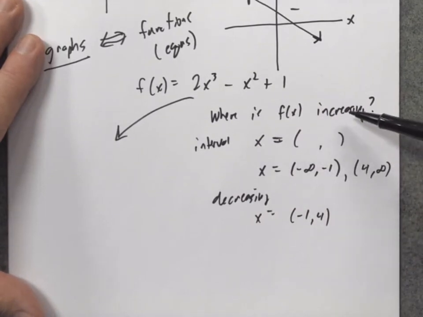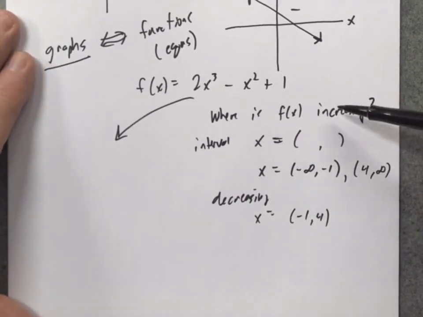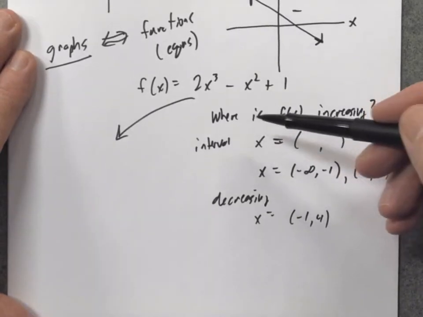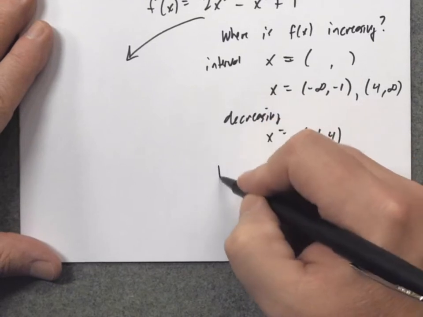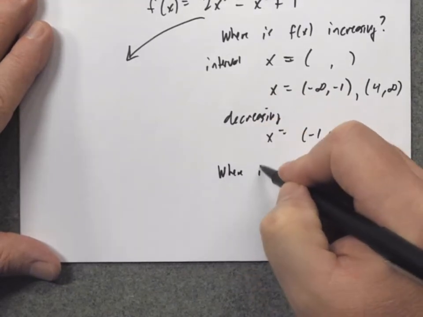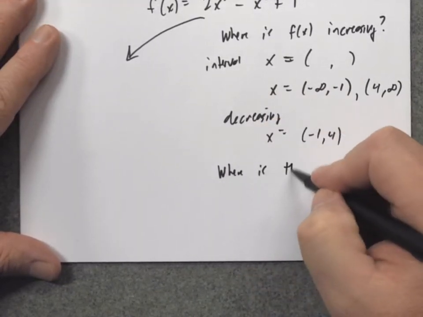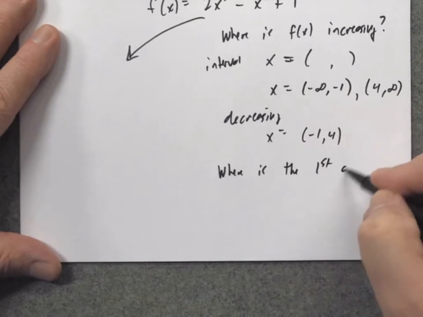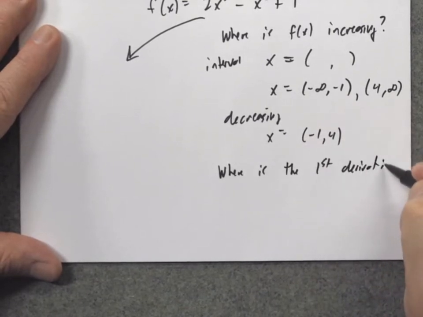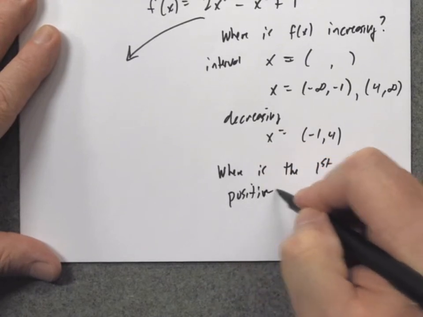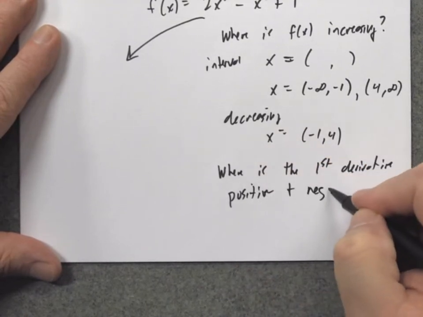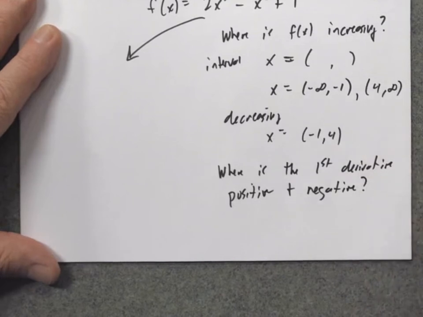And these are actually not the only questions. You're going to be asked the question, where's the function increasing or decreasing? They'll also say, where is the first derivative positive and negative?